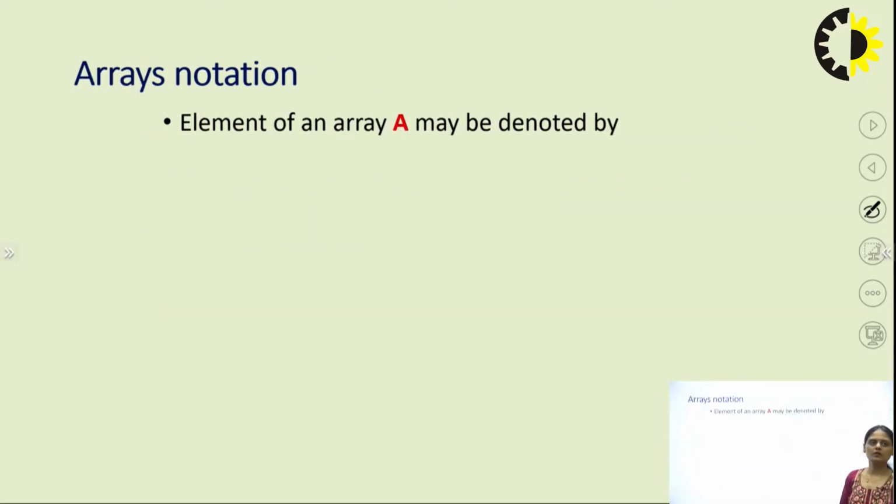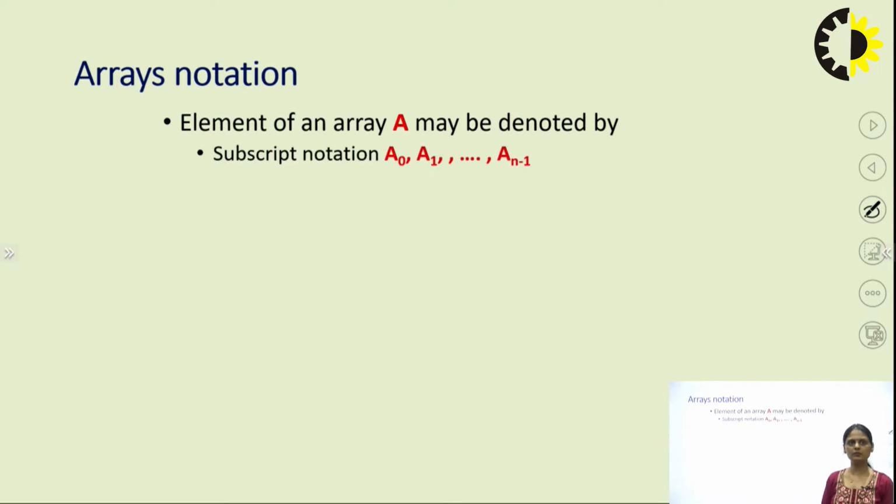Now, array notation. Arrays are represented in different ways by different programming languages. Elements of an array A can be denoted by, this is one way, subscript notation, that is A0, A1, dot dot up to A n minus 1.